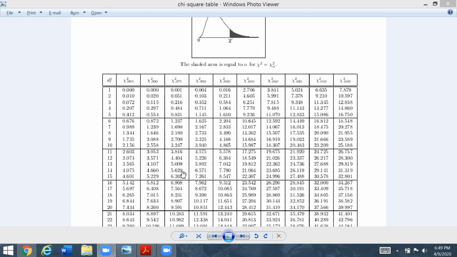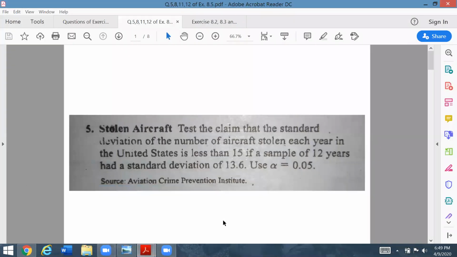Now I switch over to a question from the same exercise 8.5, and attempt question number 5. This is on page 454. Question number 5 is in front of you on the screens. Please note down, and I'm reading it.